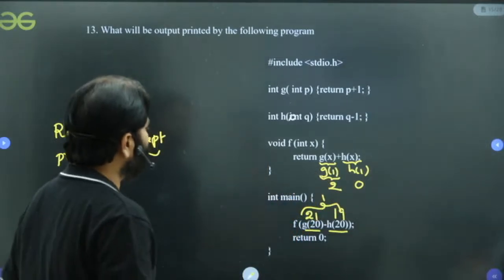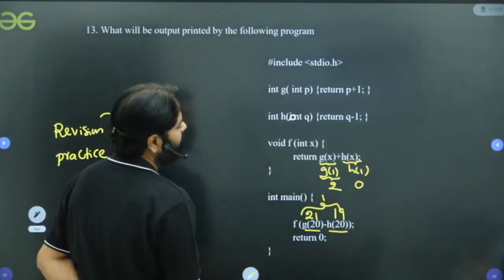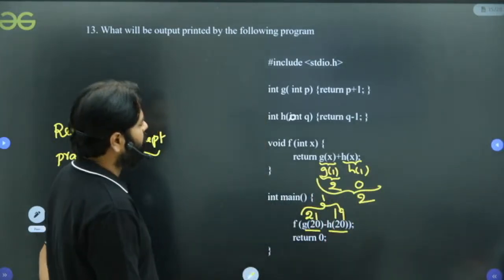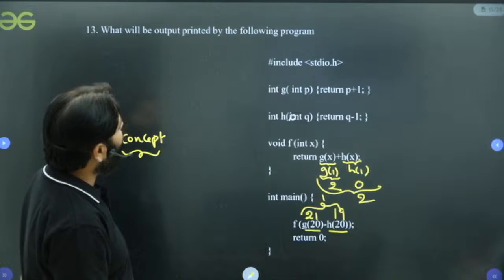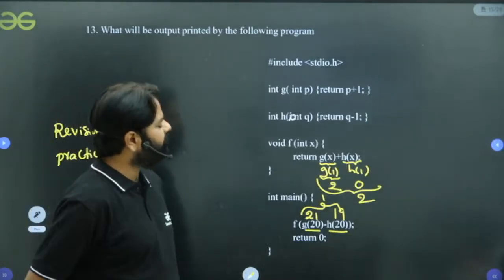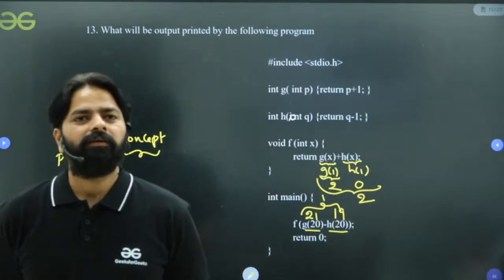What was the answer? You are getting 2 only, no? I thought somebody gave 4. What was the mistake you did? Did I print anywhere anything? Why are people answering it?